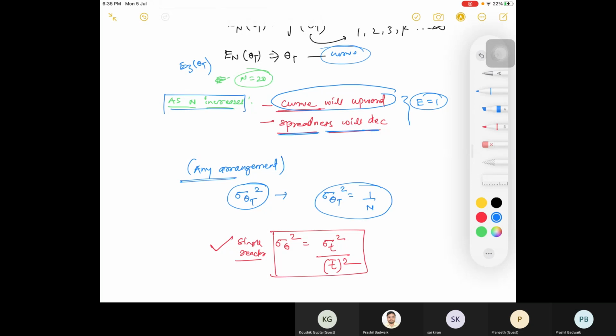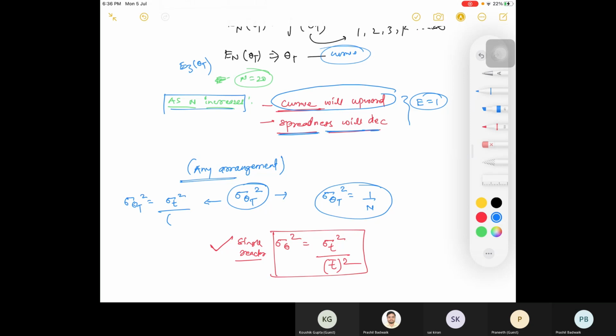So for a system that we have to express, for that system we need to express in terms of n number of tanks, whether it is PFR or any arrangement, but we are expressing it in terms of a single parameter, that is the number of tanks. So we'll write sigma theta t square is equal to sigma t square divided by t mean for the whole system.